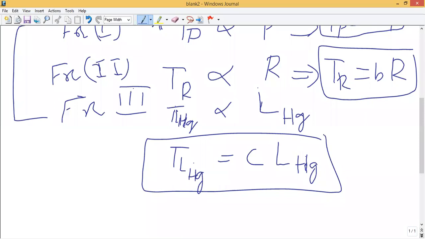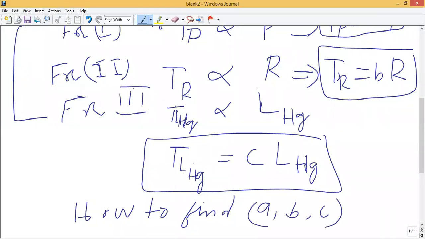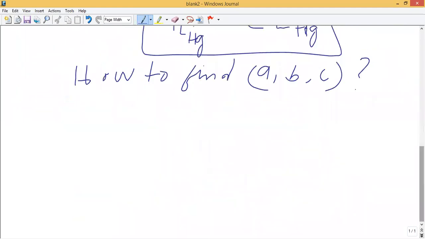So how do we find these constants? Okay. To find these constants, we find a point, because these are three constants.